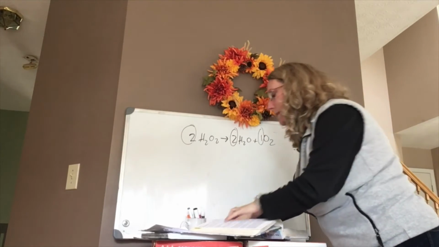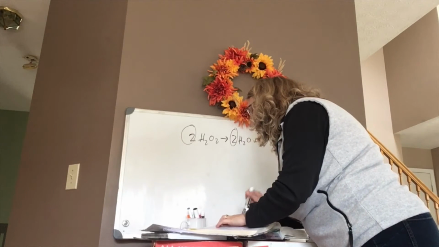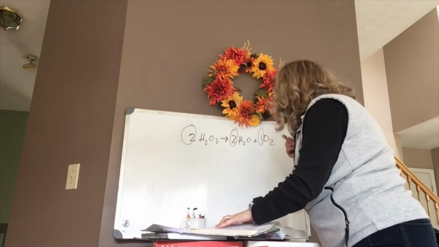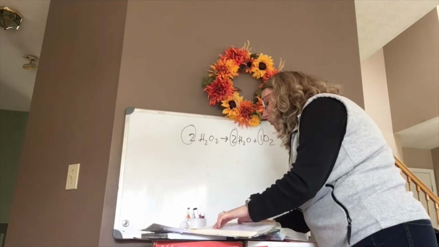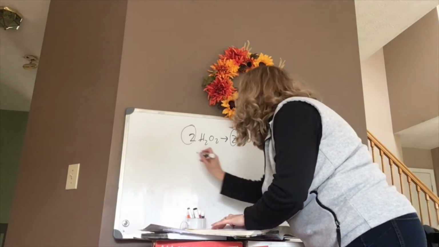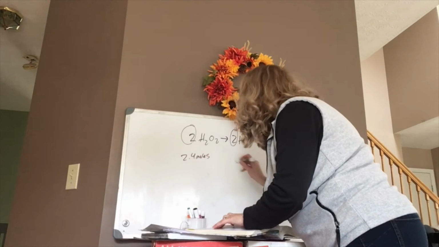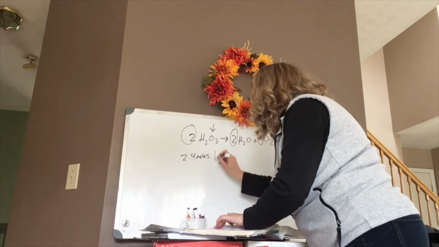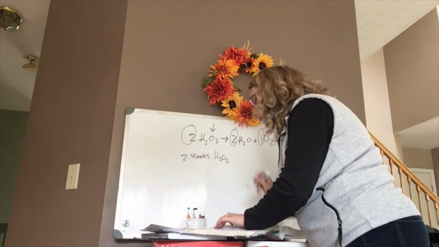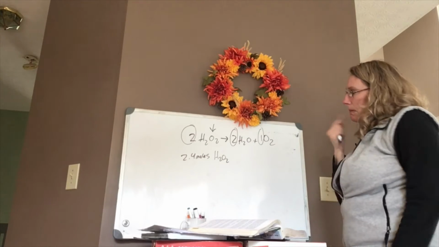The decomposition of hydrogen peroxide turns into water and oxygen, described by the following chemical equation. If a chemist begins with 2.4 moles of H2O2, how many moles of oxygen are going to be produced?